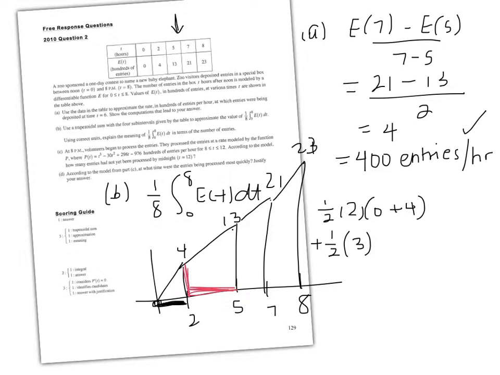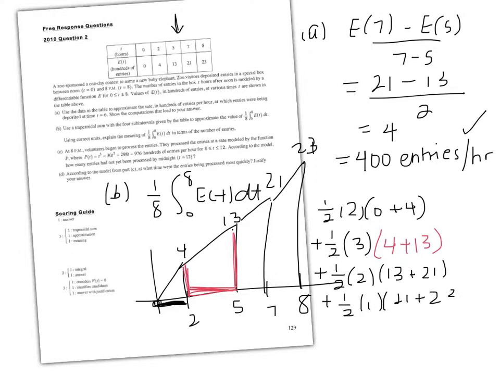And then B1 plus B2, so 4 plus 13. And then I'm going to have 1/2, and I'm going to have 2. And it's going to be 13 plus 21. And then I'm going to have 1/2 and 1, and it's going to be 21 plus 23. Sorry, I've ordered a better stylus, I promise. I'm not going to put up with this all semester.